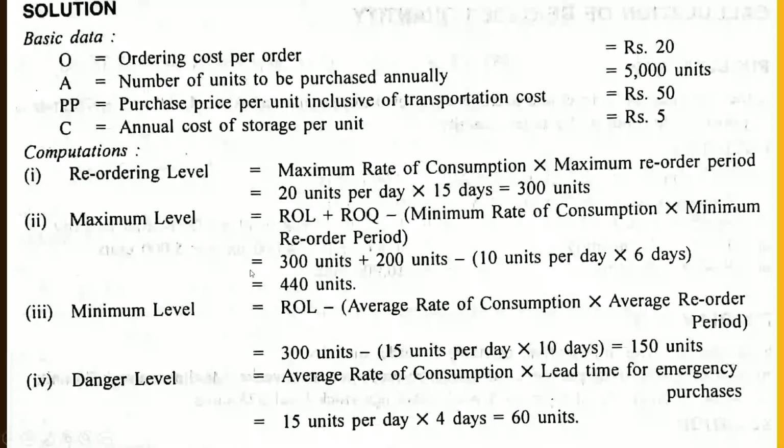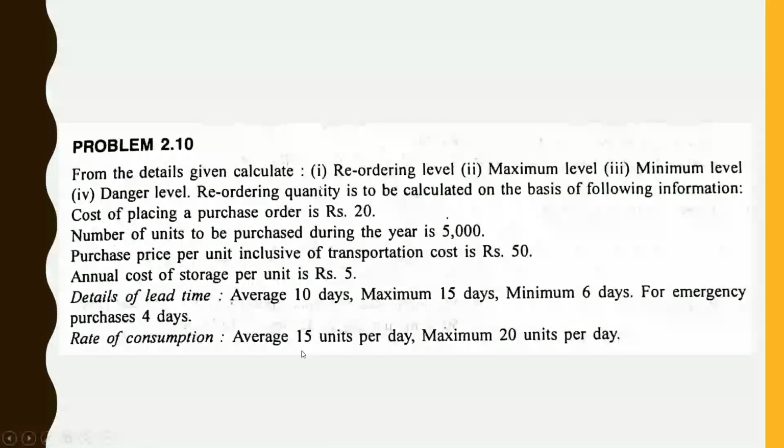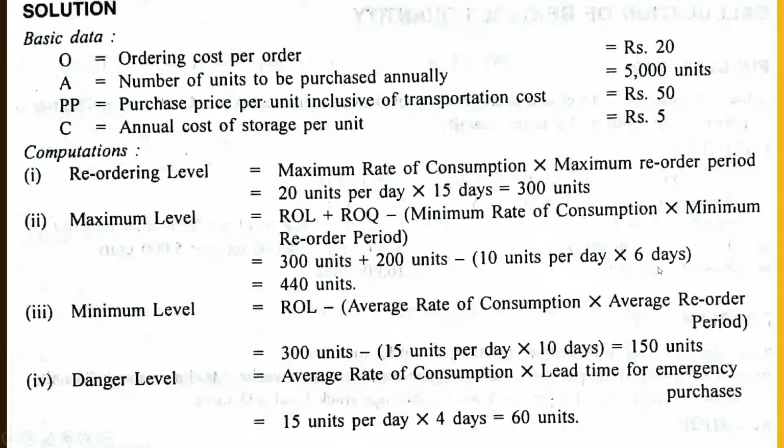Then minimum rate of consumption. Minimum consumption is not given, so we should calculate the average: maximum plus minimum divided by 2. Then minimum reorder period is given, minimum 6 days. So it will be 440. Minimum level is reordering level minus average rate of consumption into average reorder period.